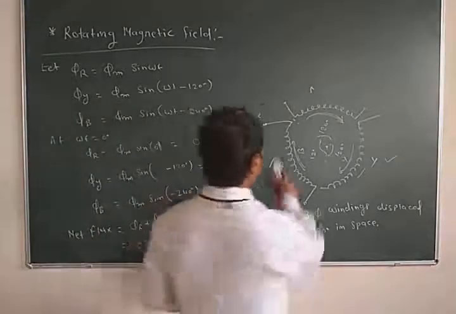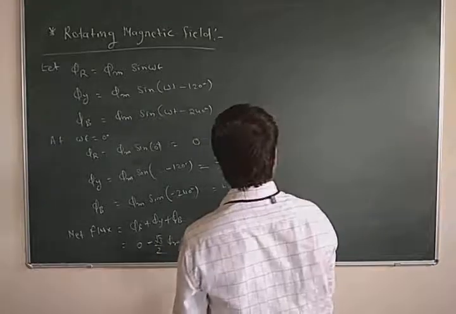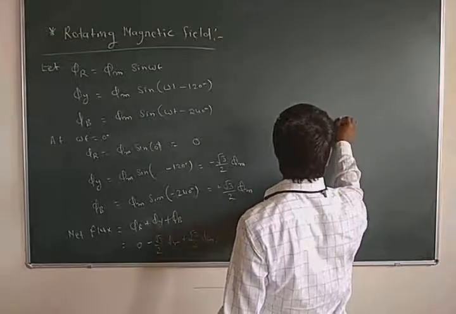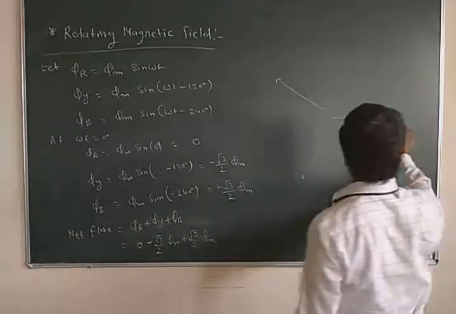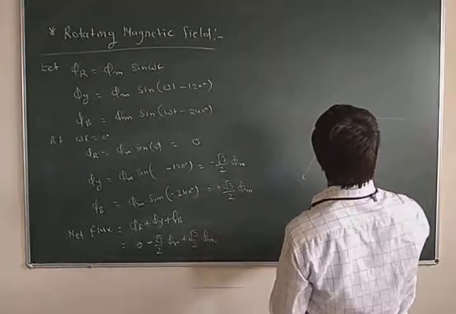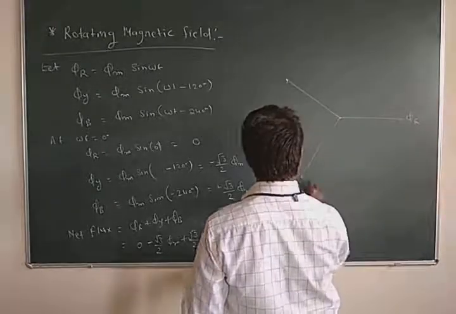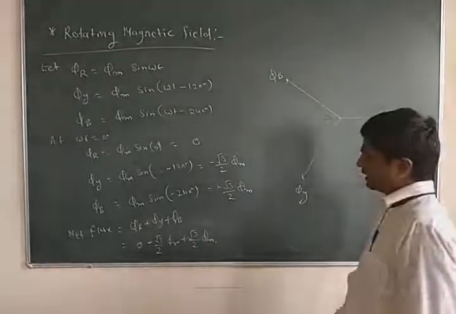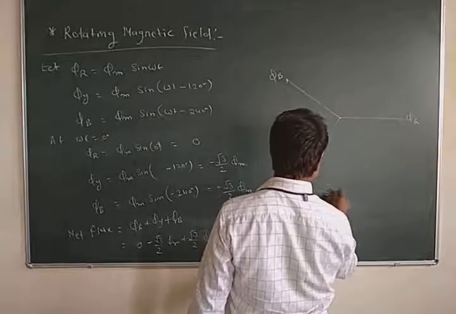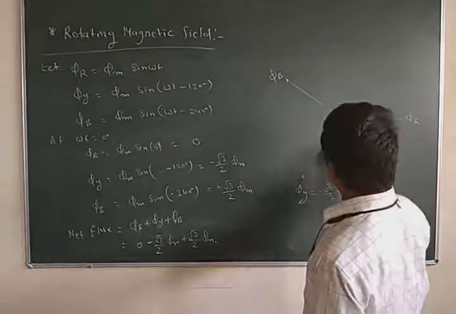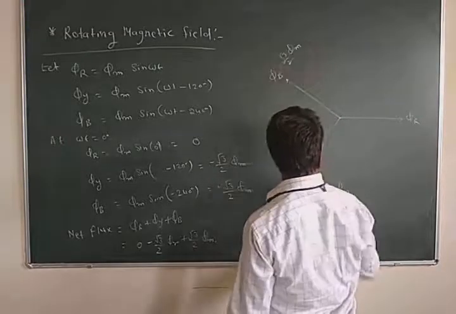Now from the phasor diagram, suppose this is phi R, this is phi Y, and this is phi B. So phi Y is minus root 3 by 2 of phi m, and phi B is root 3 by 2 of phi m in magnitude.